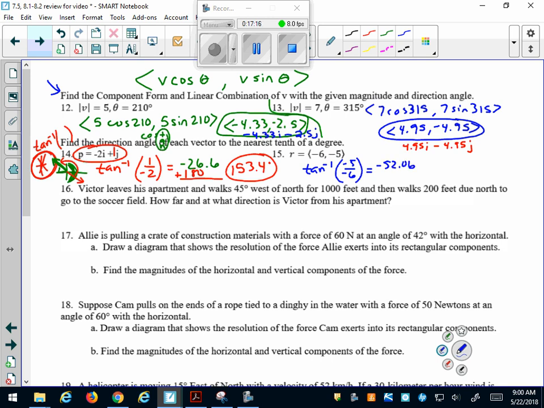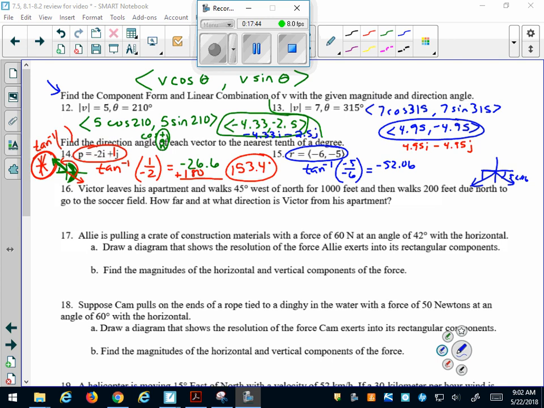But this situation, negative, negative, back and down, puts us a vector in the third quadrant, not in the fourth quadrant, which is where negative 52.06 would be.